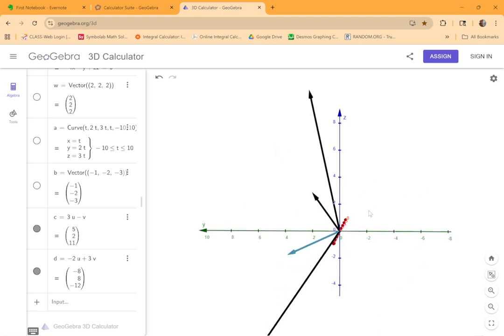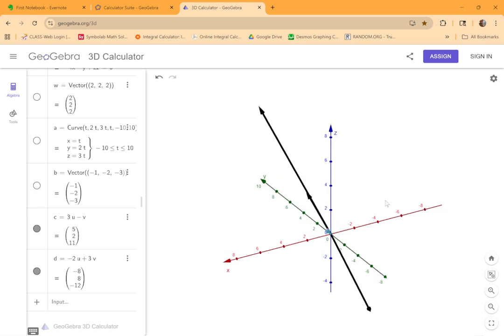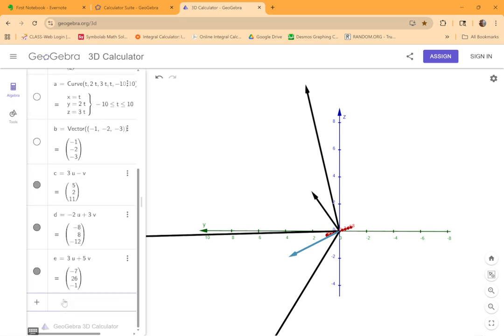Now, before in R2, I asked, well, can we build the whole space out of this? Now here, let's try one more. How about 3u plus 5v.